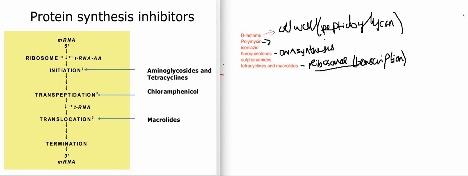Initiation is usually blocked by these types of antibiotics, aminoglycosides and tetracyclines. You also know that chloramphenicol blocks transpeptidation, and macrolides are involved in blocking translocation.